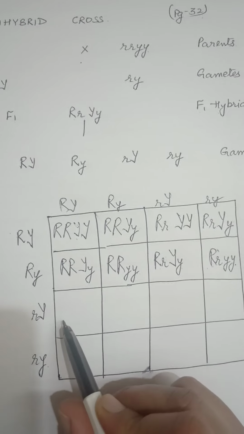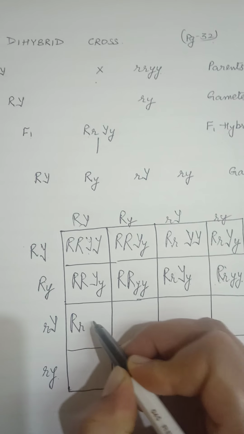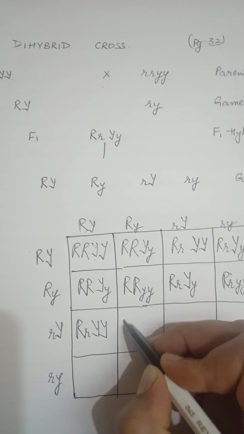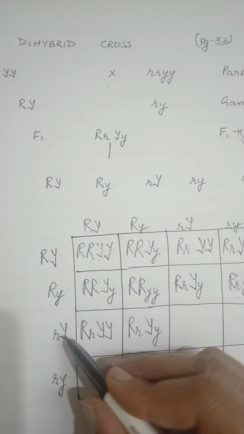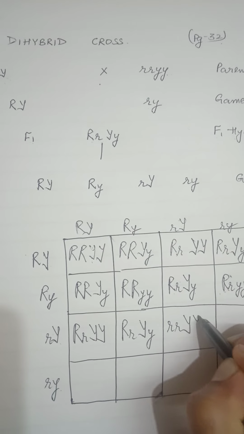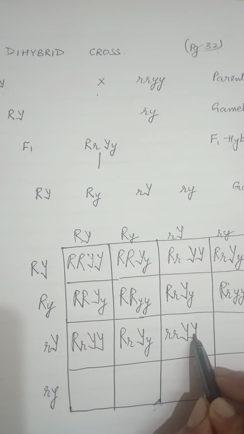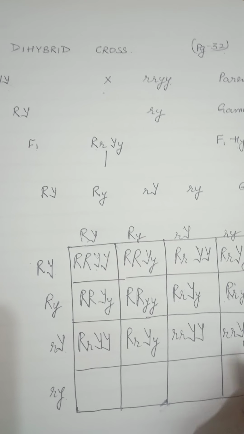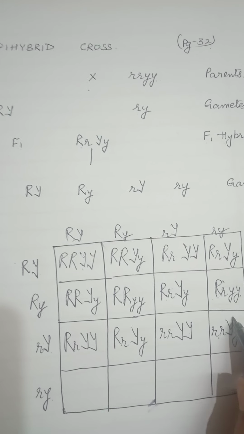Then this one also we have to keep on making like this only. Then again capital R, capital Y, small y, taking from this, small r, capital Y, and this is wrinkled yellow, and small r, capital Y, small y, wrinkled but color will be yellow because dominant feature came.